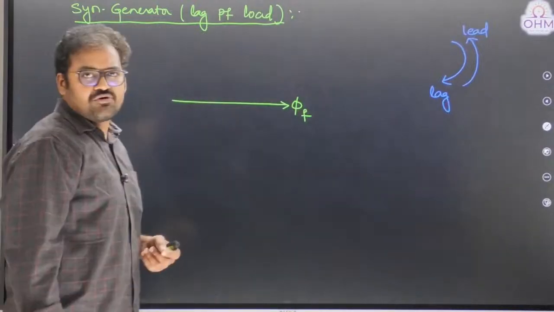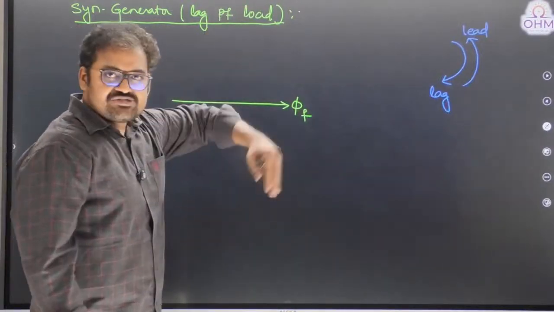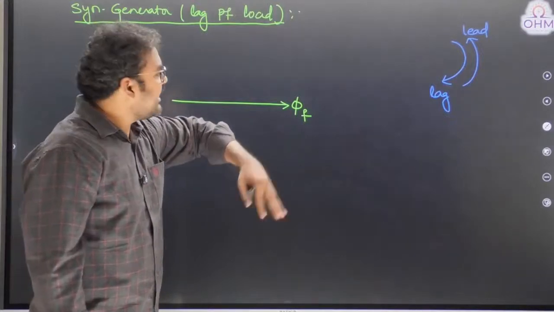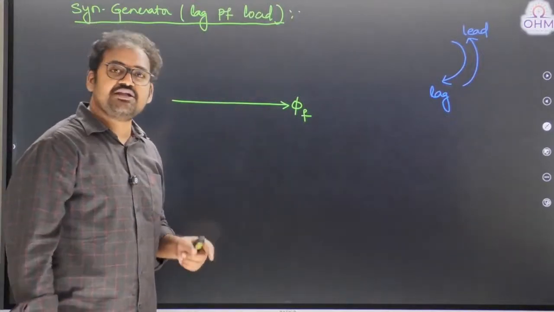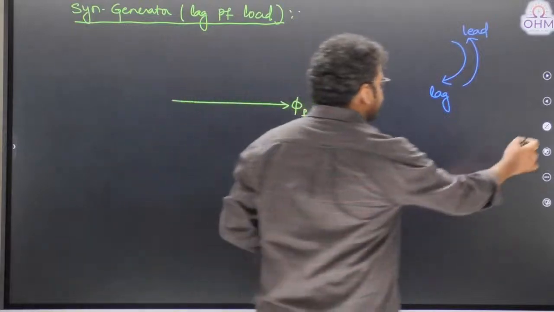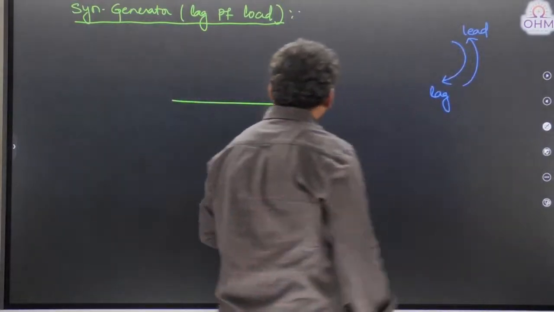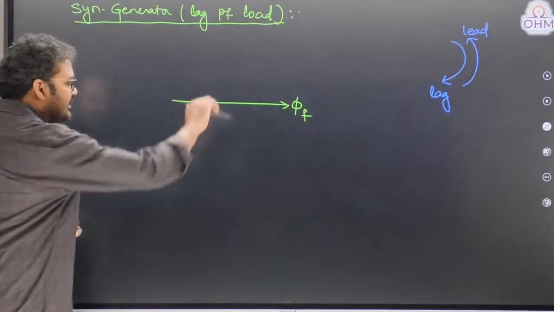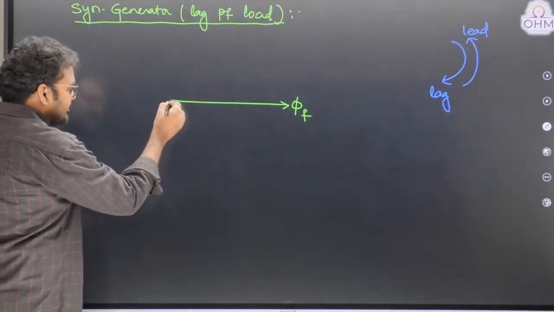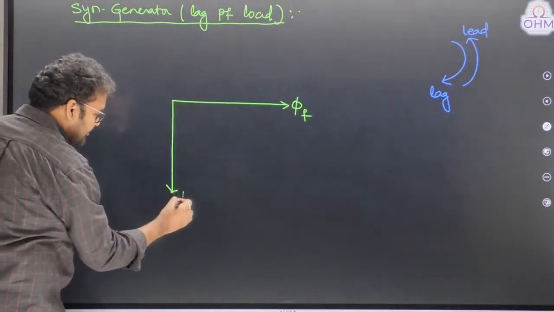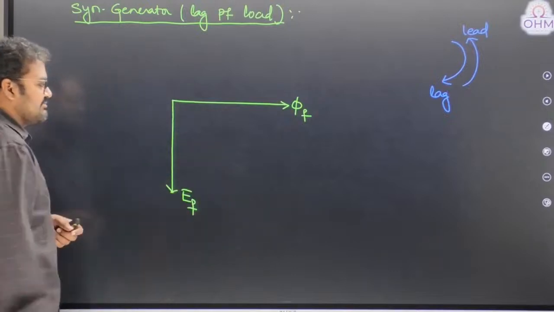Basic circuit knowledge. Now I can draw the induced EMF that will lag this field flux by 90 degrees. Therefore, here we get the field induced EMF.